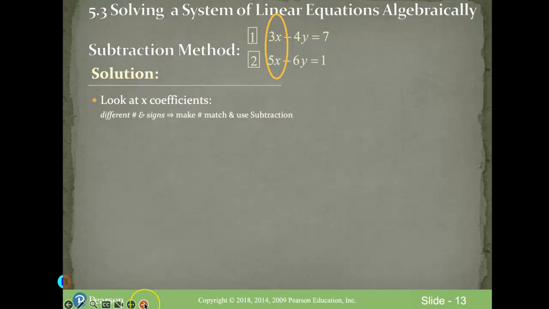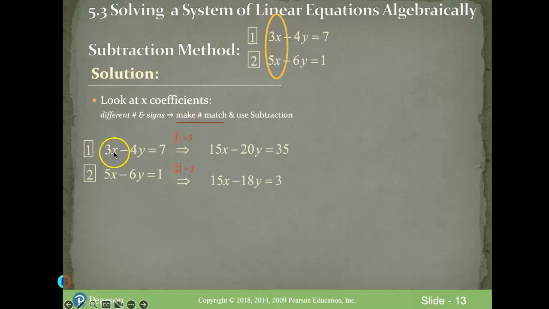So what we want to do is make these numbers match, and then subtract our equations one from the other. To make the numbers match, we need to multiply this 3 by 5 and this 5 by 3, thus getting 15x and 15x.